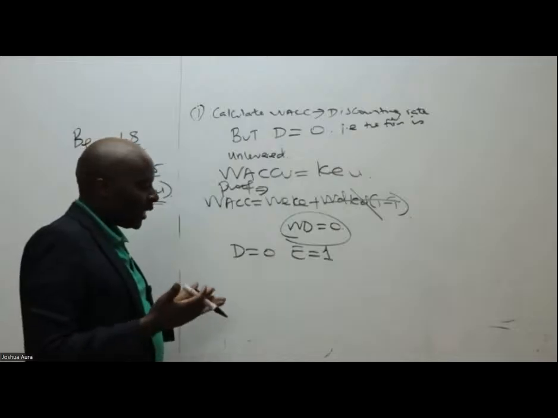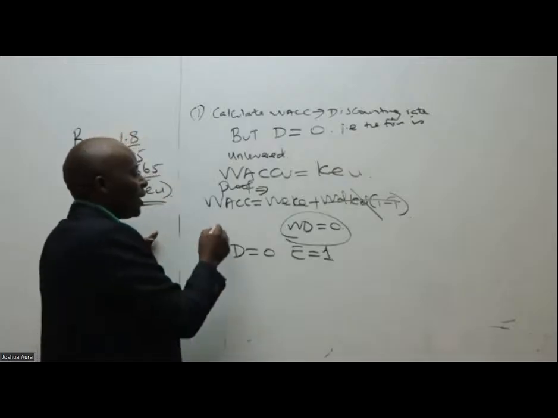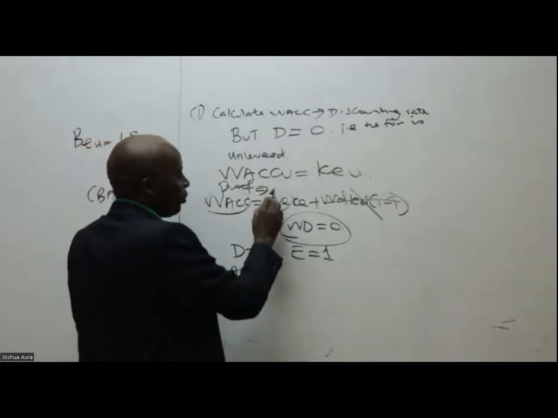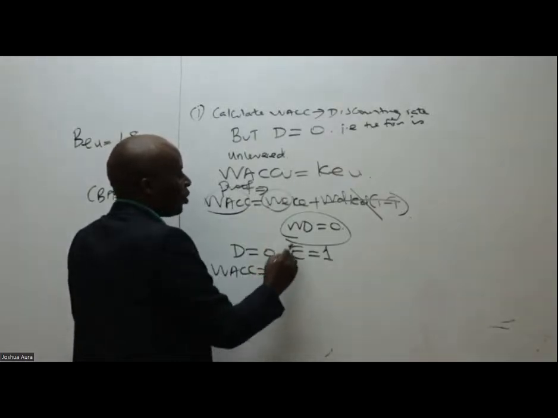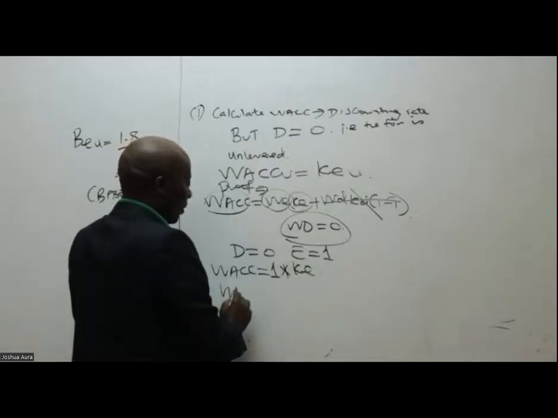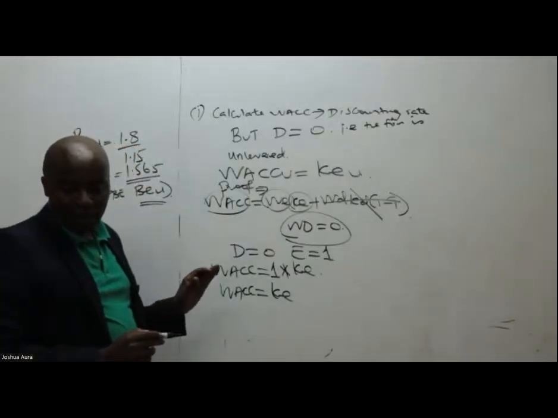So something very important happens: our WACC will be equal to weight of equity, which is 1, times cost of equity. So our WACC will be equal to cost of equity for unlevered organizations.